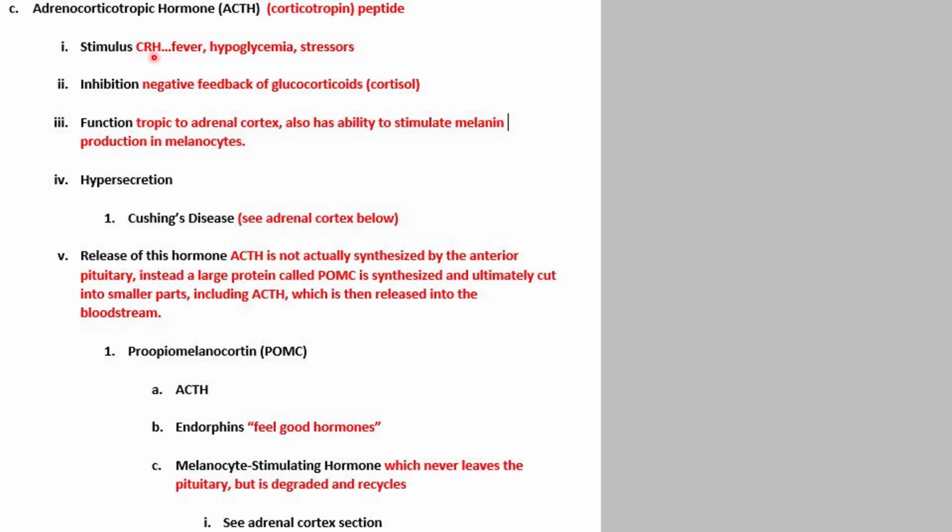Instead, CRH from the hypothalamus tells the anterior pituitary to make this hormone called POMC, pro-opiomelanocortin.